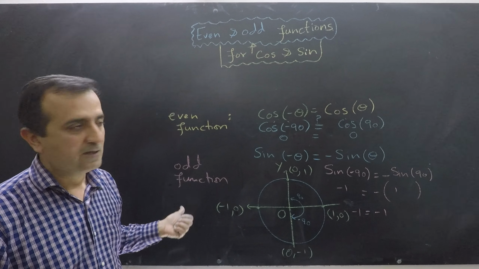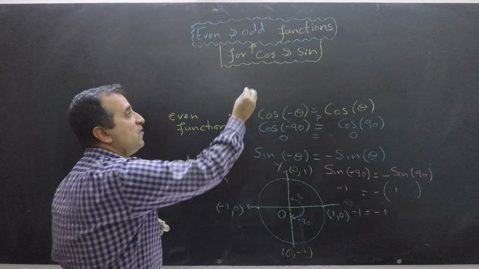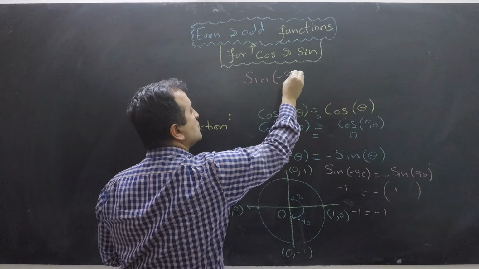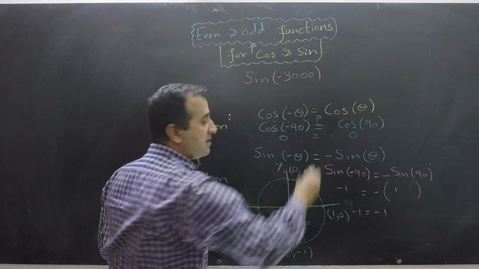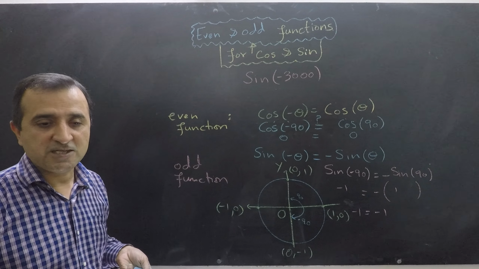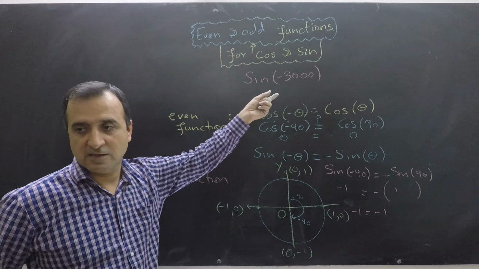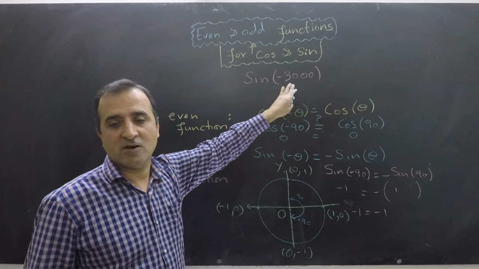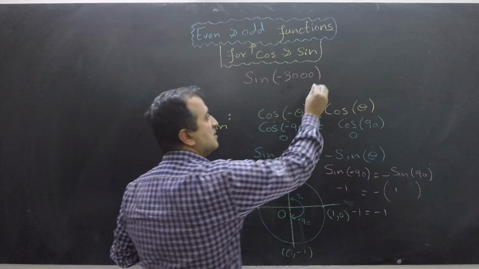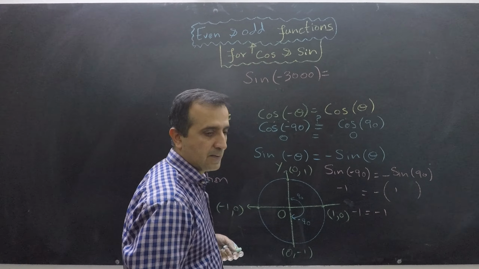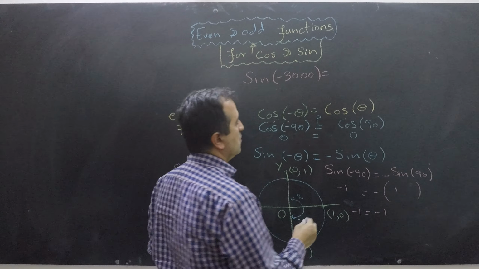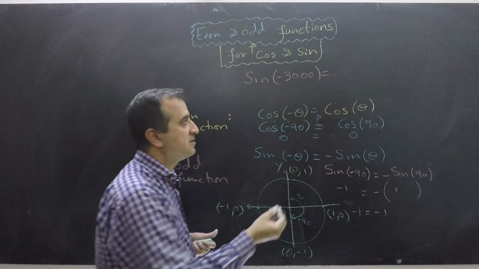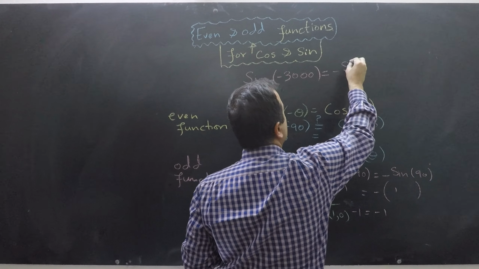Make sense? Similarly, what is the value of sine minus 3000? We will learn in the next video how to find such large values. But whatever the value of sine 3000 is, sine minus 3000 equals what? Not sine 3000, because it's not an even function, it's an odd function. Minus sine 3000, very good.